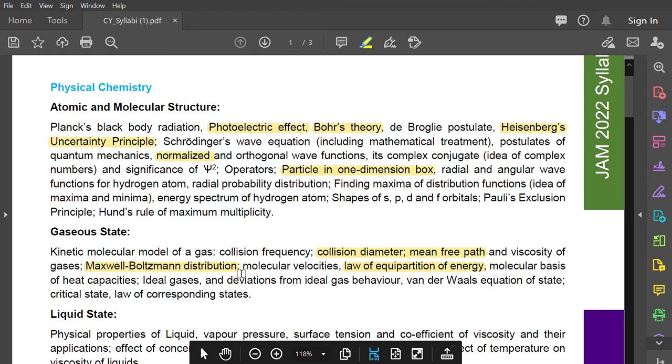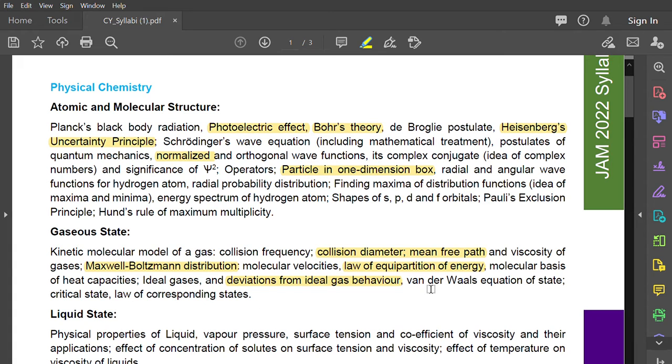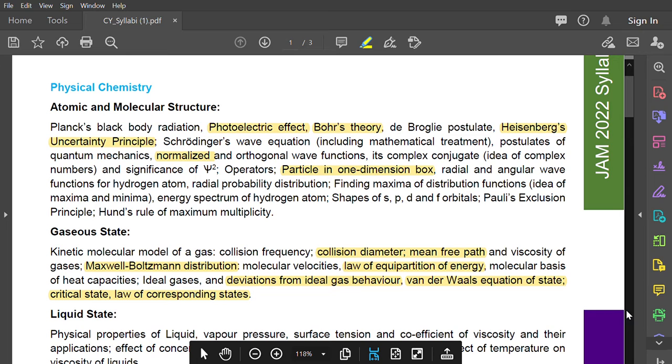When and in what conditions deviation from ideal gas behavior happens. Sums relating to the law of corresponding states or the van der Waals equation. These are things that you can always find in every chemistry paper in any competitive examination.